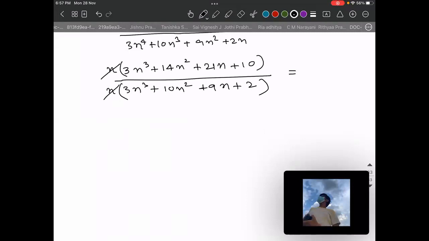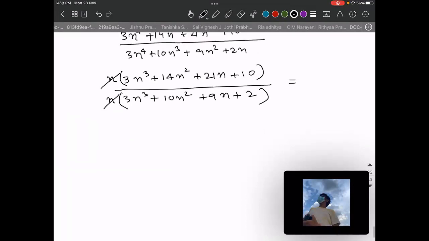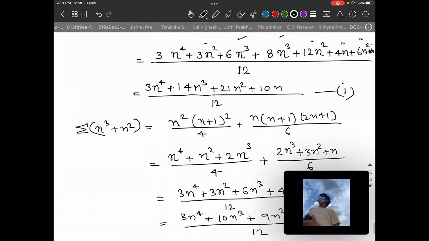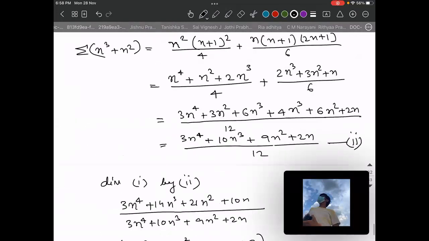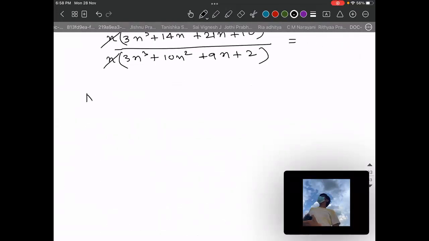Okay, so 3n into n plus 1. See, this is not right. First correct this one. First correct the denominator. See, that doesn't mean you can write whatever you want. See, in short, what we can write, summation, the numerator, what we can write, n into, Nidhi, is this the numerator?